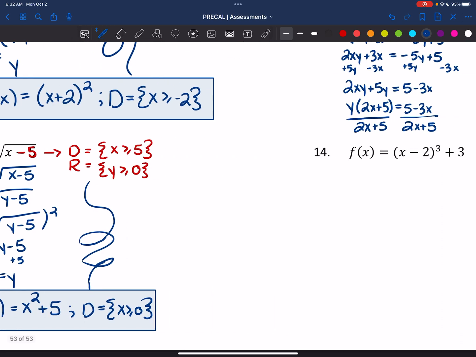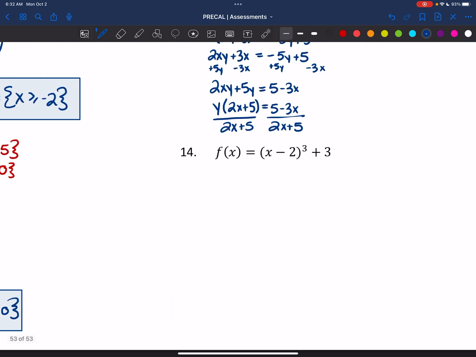All right, and last one, we've got a cubic function here. Cubic functions have domain and range of all real numbers, so there's not going to be any restriction on this function's inverse domain. So we just go ahead and find the inverse.